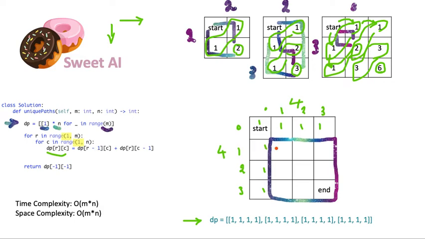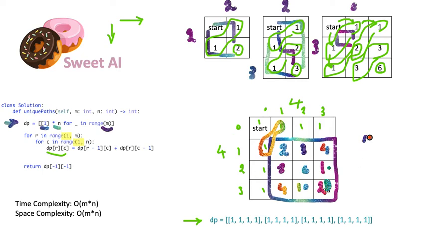It says the sum of these two should be put here, so we're going to do that. For these two, we're going to put 3. For these two, we're going to put 4. The next row, we're going to put 3 here, 6 here, and 10 here. We're going to put 4, and it's going to be 10, and 10 plus 10 is going to be 20.